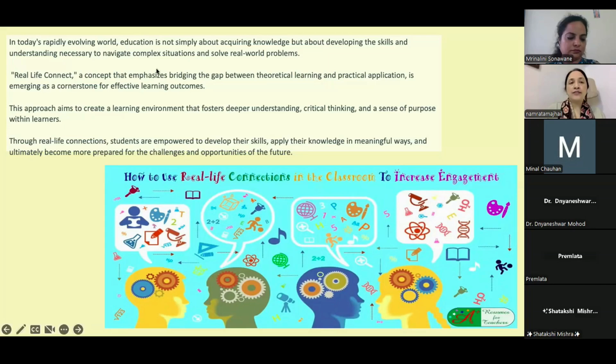A concept that emphasizes bridging the gap between theoretical learning and practical application, and is emerging as a cornerstone of effective learning outcomes. You know, there is a lot of theory which I'm telling you. You will say, so you are also doing the same thing. You're reading from the slide and telling me everything. That is on purpose.